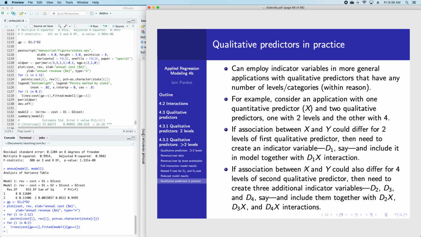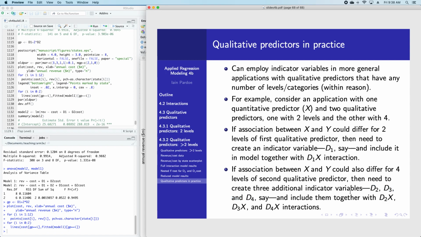If we believe that the association between X and Y could also differ for the 4 levels of the second qualitative predictor, then we're going to need 3 more indicator variables. So let's say D2, D3, and D4, and include those in the model together with their interactions.